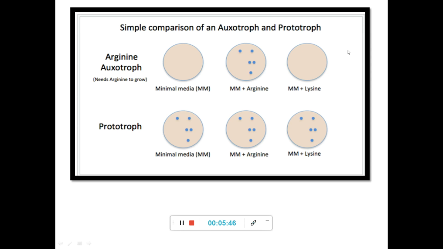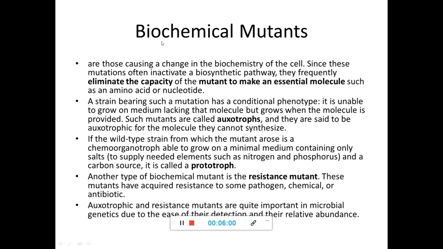Either the biosynthetic pathway used for the synthesis of a particular amino acid or a particular nucleic acid has been interrupted by the action of mutagens. Such mutations are referred to as biochemical mutations. The wild type strain which is capable of growing on the minimal media in the presence of nitrogen, phosphorus and a carbon source is referred to as a prototroph. The other one which gets mutated is referred to as an auxotroph.